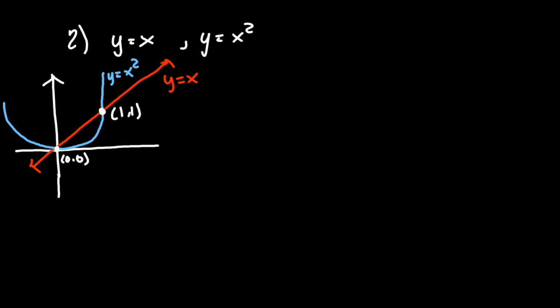So let us now use either horizontal or vertical element. As you can see here, if you use a vertical element, it touches the two curves, so it's no problem. And if you also use a horizontal element, it also touches the two curves and it's no problem. So you can use either one of them.